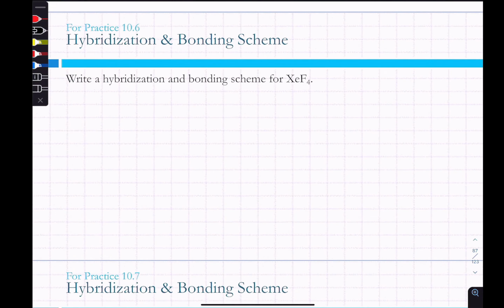Let's do an example. And actually, I think I'm going to modify this method a little bit, just a teensy bit. Okay, so what's the first step? Lewis structure. I drew it over there, XeF6.